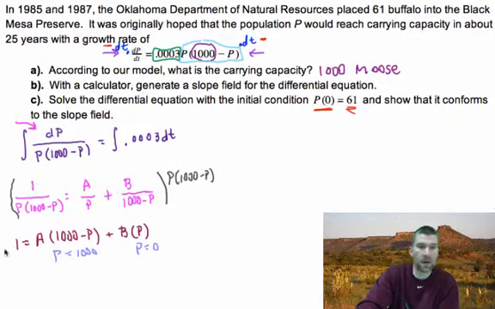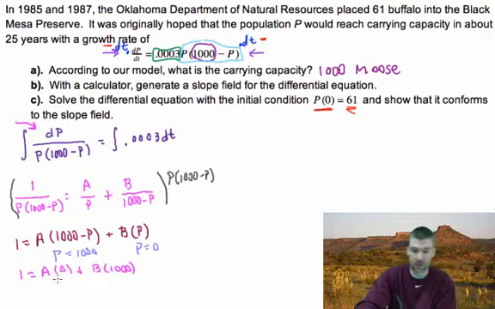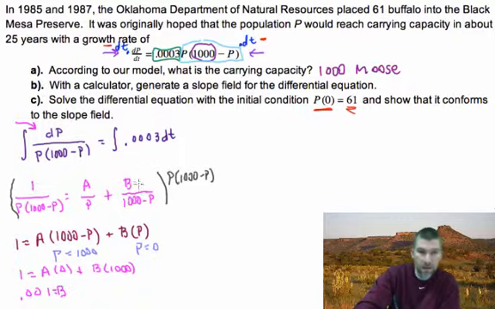So I get 1 equals, if I do 1,000 first, a times 0 plus b times 1,000. Okay, so b is going to be 1/1000th, and I'm just going to go ahead and write it as a decimal. 0.001 is equal to b. Okay, that's this part right here.